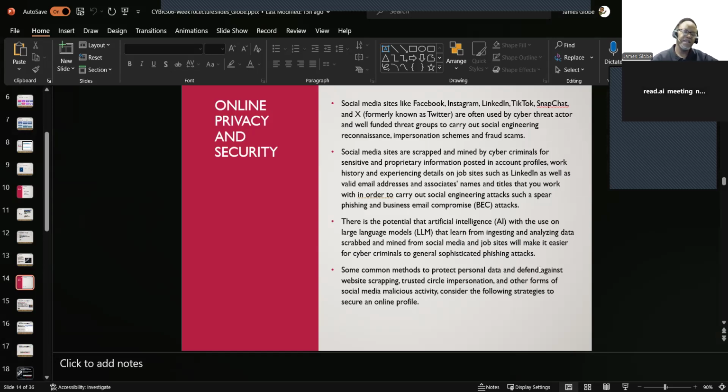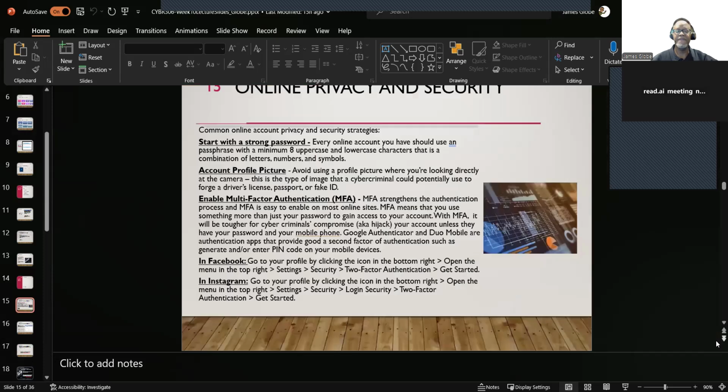So limiting who has access or who can see that is becoming more and more important, especially in the age of AI. So these are some tips. Some of these you've kind of learned from your lab too, but making sure you have a strong password to your online accounts that's maybe a passphrase with a mixture of letters and numbers and symbols.